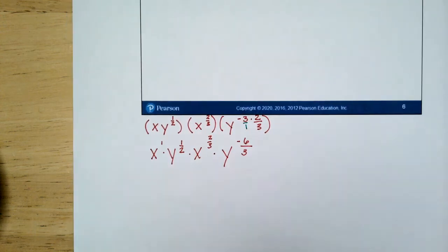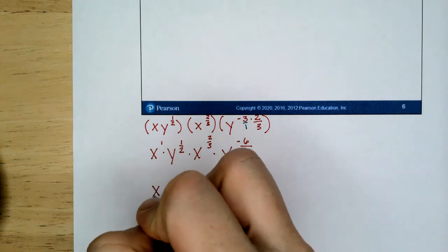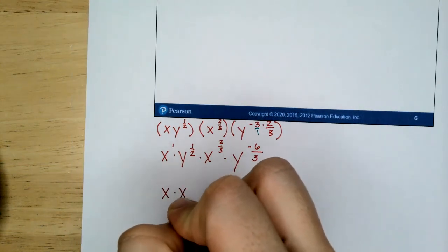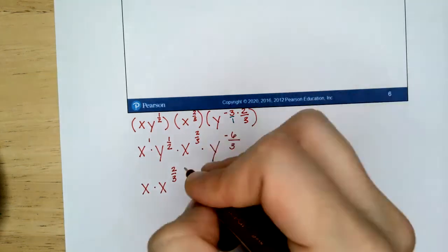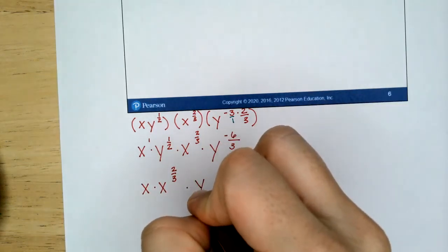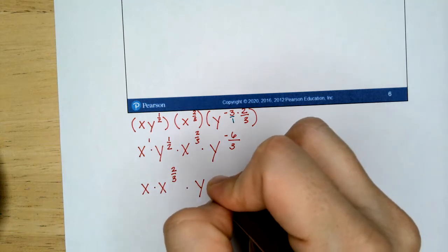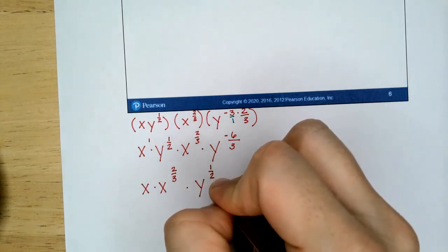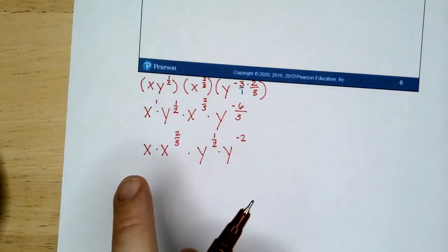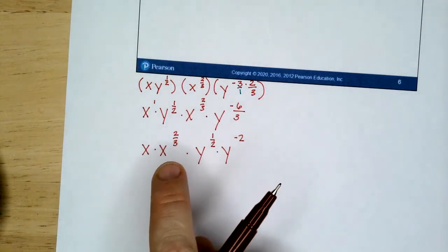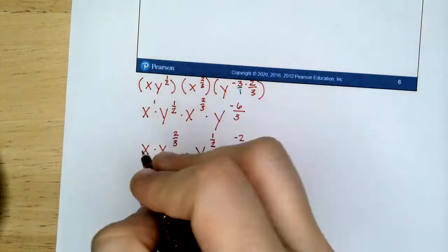So I'm going to rewrite this again as x times x to the 2/3, good, times y to the 1/2 times y to the -2, okay? So when I'm multiplying things with the same base, I'm just adding those exponents.